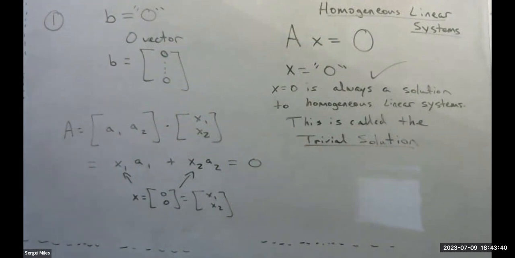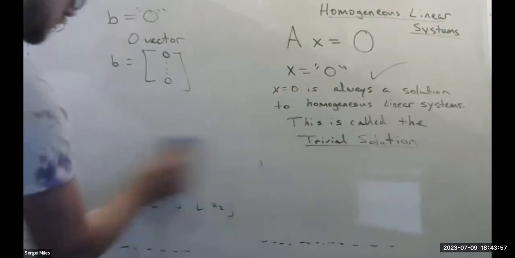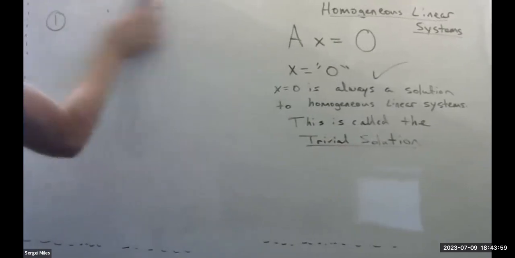Now, what we're going to see is different here with matrix multiplication and vectors is we could ask, is it possible to get a non-zero solution here? With regular real numbers, let's back up for a moment.